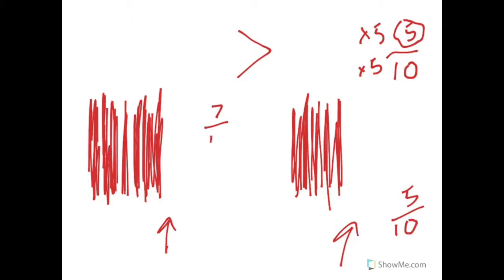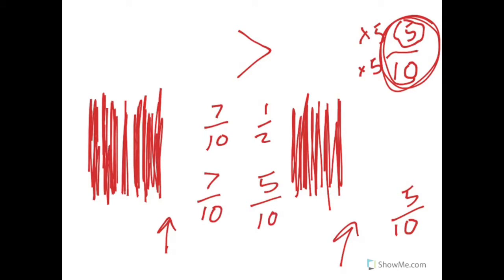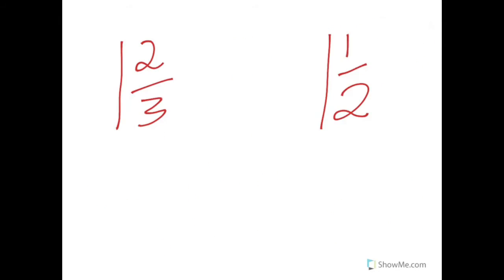In this case, 7/10 and 1/2 are unlike fractions, but by finding that magic number and making an equivalent fraction, we can compare 7/10 and 5/10. These are like fractions. We can forget all about the denominator. We know that 7 is greater than 5, so 7/10 is the larger fraction.